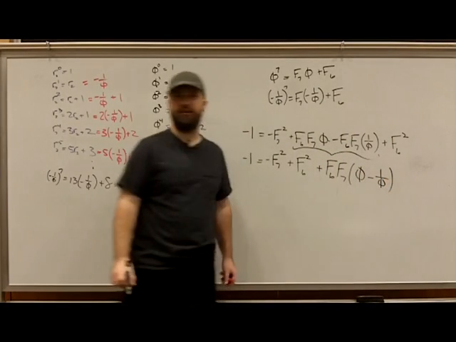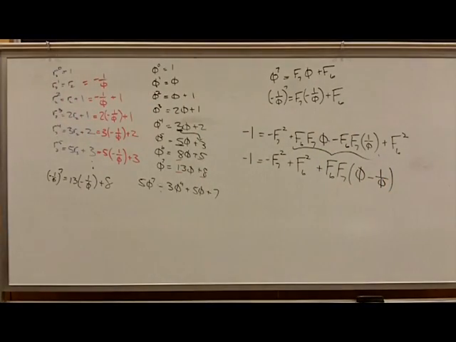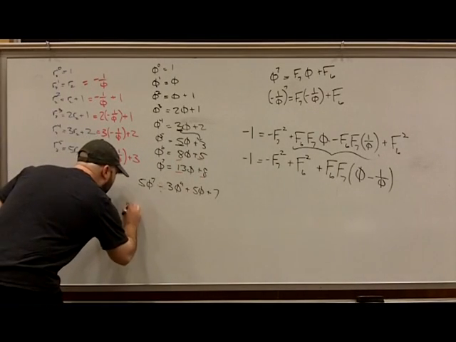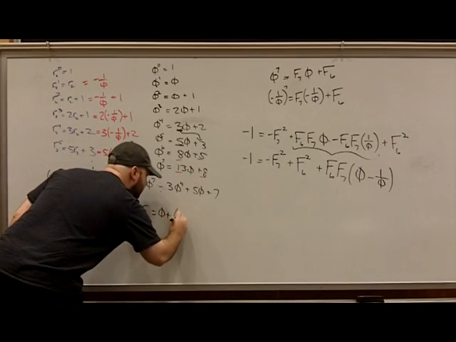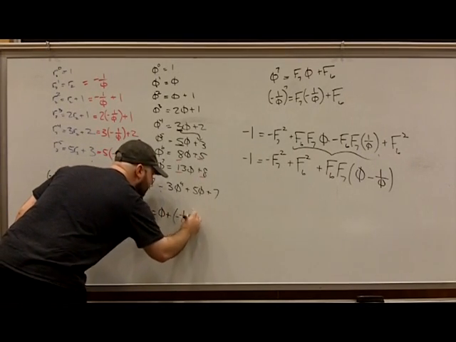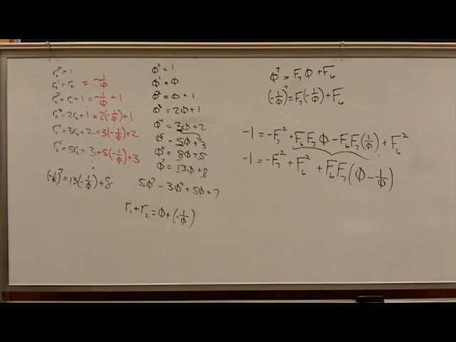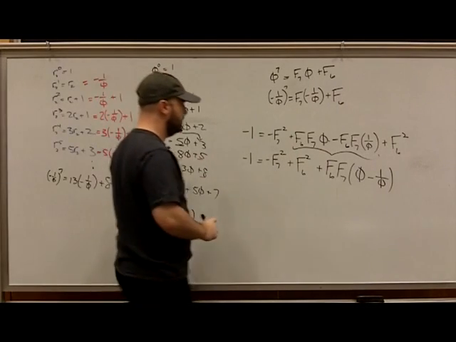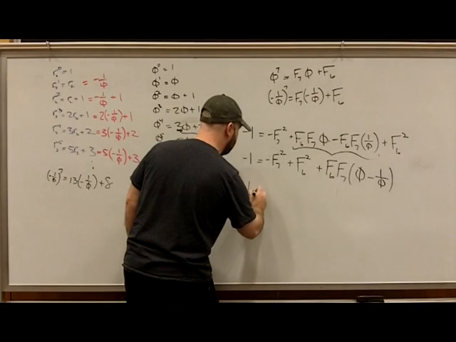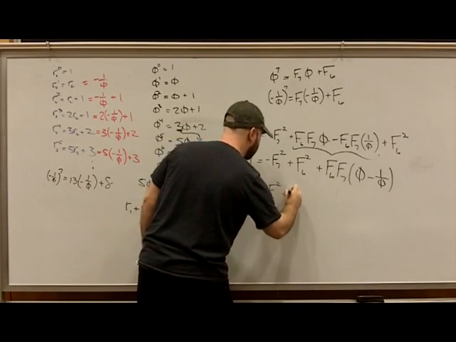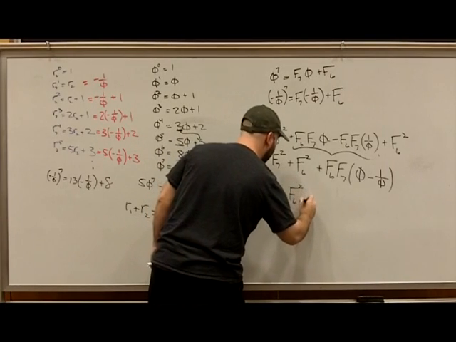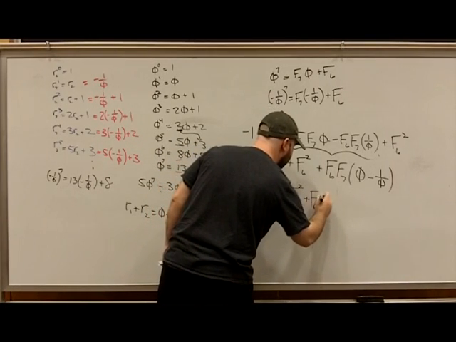What is phi minus 1 over phi? The sum of the roots. Yeah, R1 plus R2 was phi plus negative 1 over phi. And what did we say that the sum of the roots was? 1. So negative 1 equals negative f7 squared plus f6 squared plus f6 times f7.